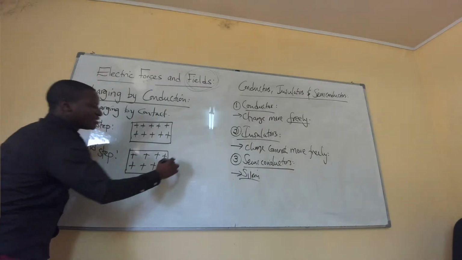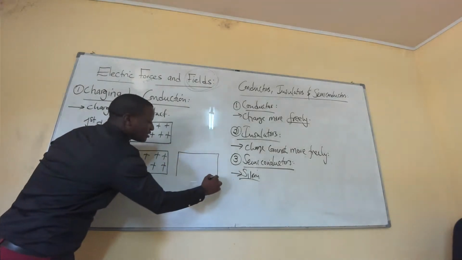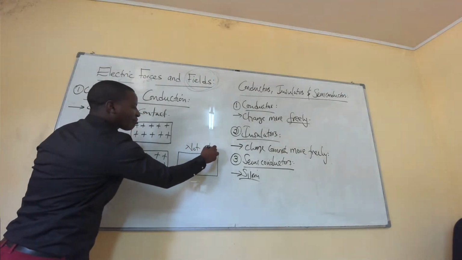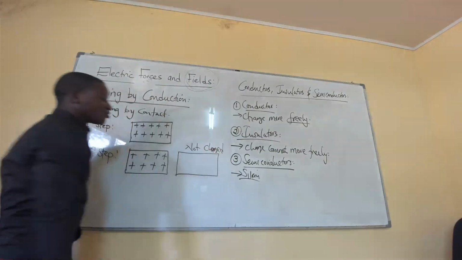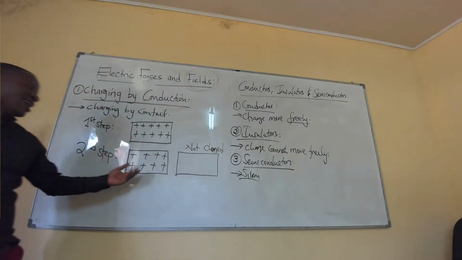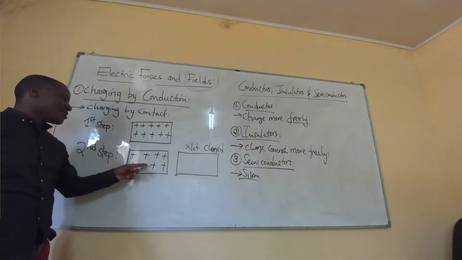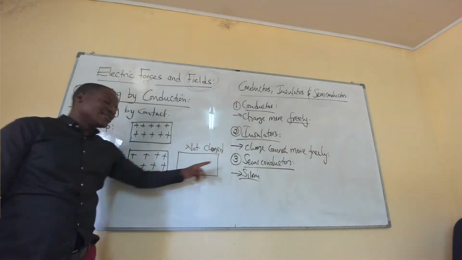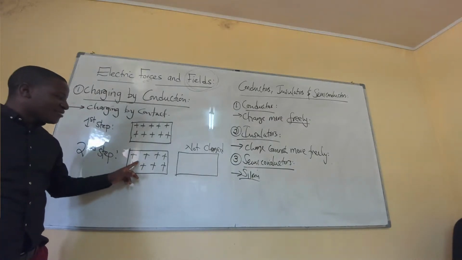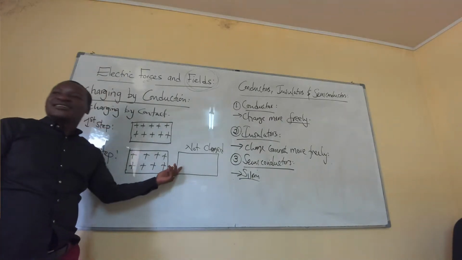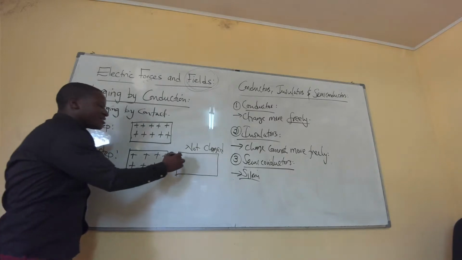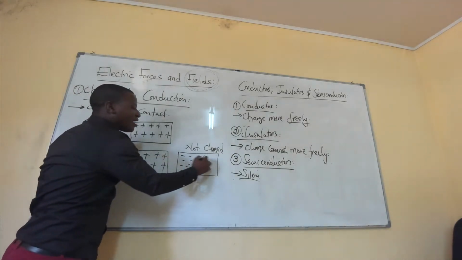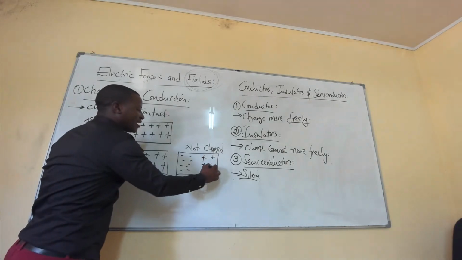Then we bring in a body here which is not charged. So what will happen is that, like we've mentioned earlier on, the positive will repel the positive charges and the positive will actually attract the negative charges. So in the end, we'll have some negatives on this side, then we'll have some positives on the other side.